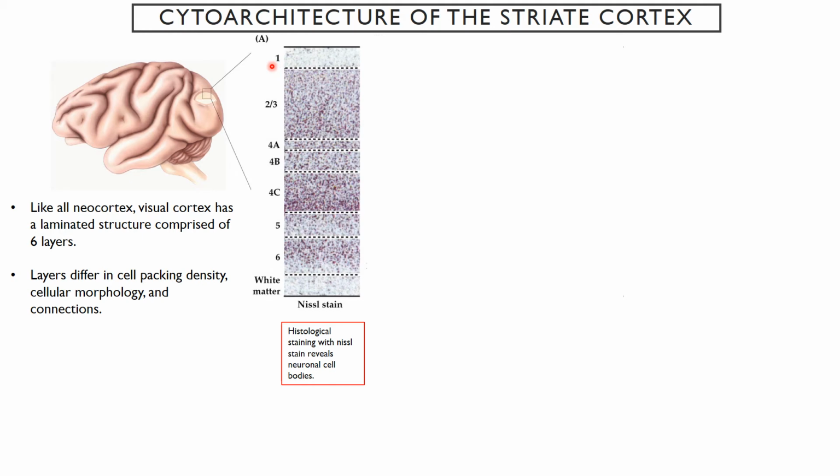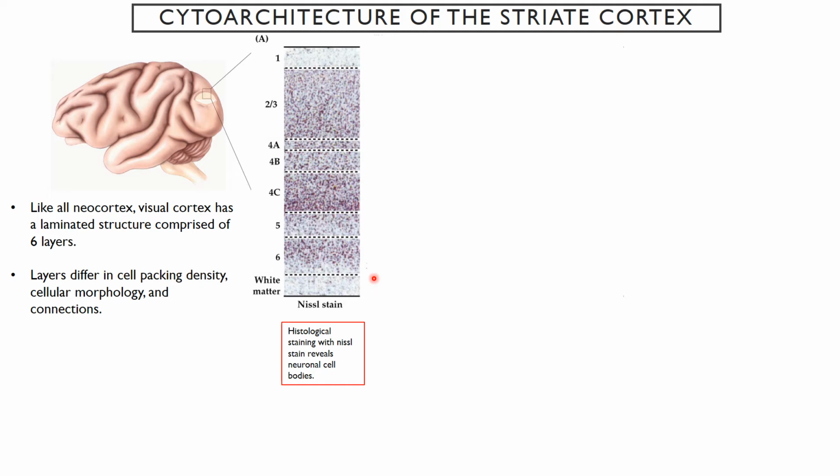Striate cortex or visual cortex has the same overall organization. What we're looking at here is just a small section of cortex in a brain section. Someone had sliced, I think this is a human brain, on what's called a microtome to make very thin sections, almost like salami.